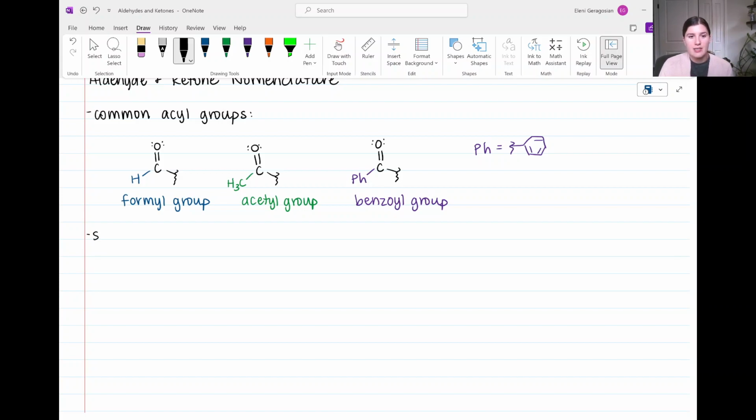The suffix is sometimes just al or aldehyde. So we'll look at some aldehydes. We use the al or aldehyde suffix.